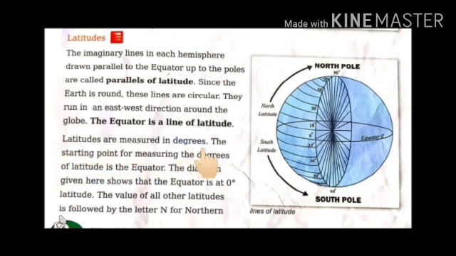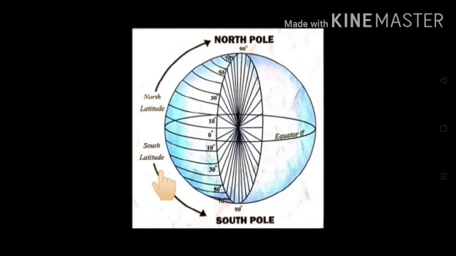Latitudes are measured in degrees. The starting point for measuring the degrees of latitude is the equator. See this, the equator is at 0 degree and latitudes are measured starting from 0 degree. 0 degree, 10 degree, 20 degree, 30 degree, 40 degree, 50 degree, 60, 70, then 90.